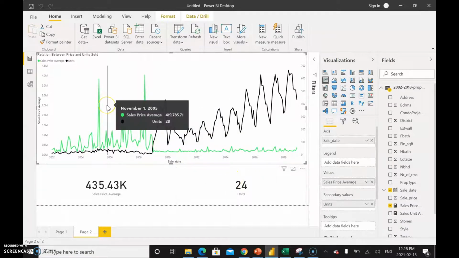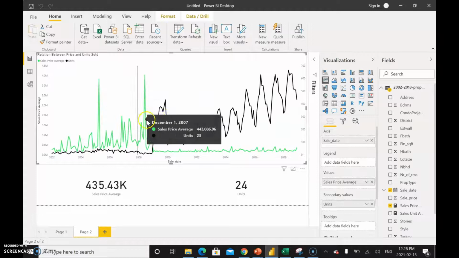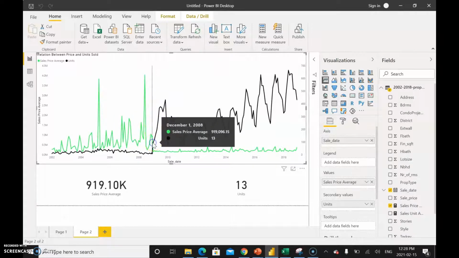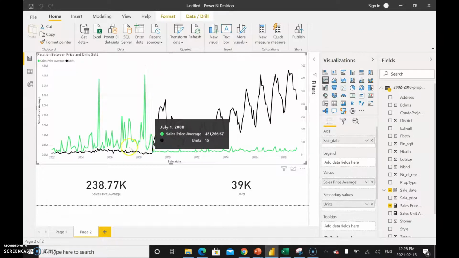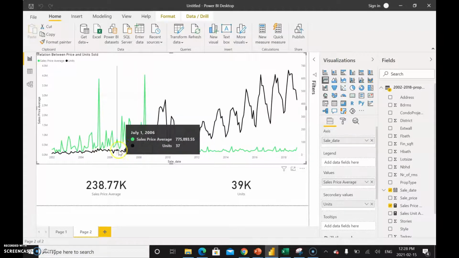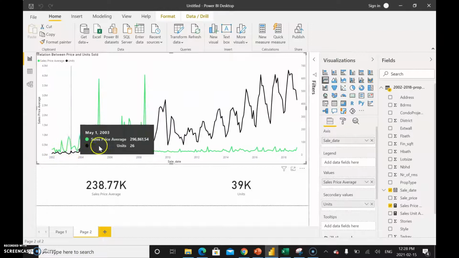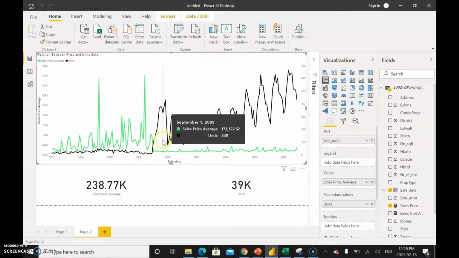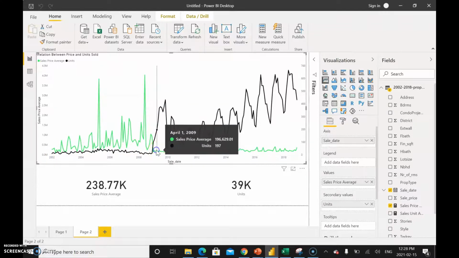Because of that, a really low number of properties were sold. But in this area, there is a fall in the price of the property, and not many properties were sold till then. Usually the units are between 10 and 40. But when there is suddenly a price drop for a particular unit or property, we can see a rise in sales.